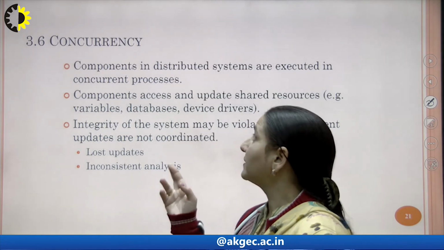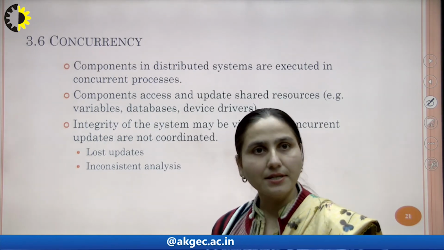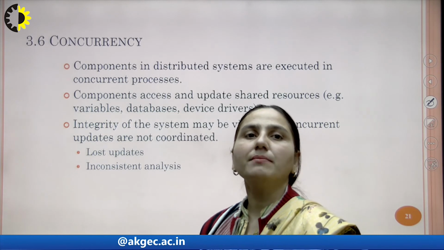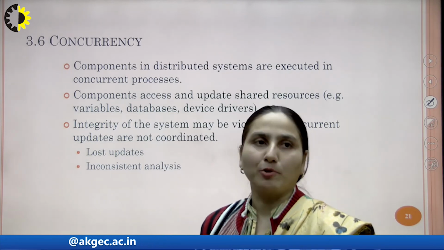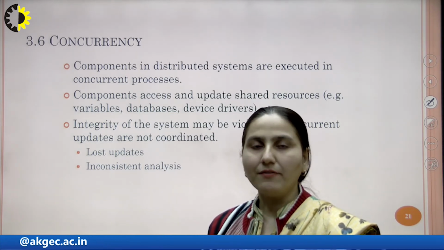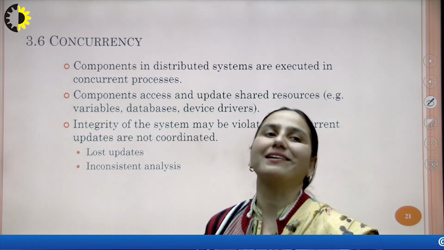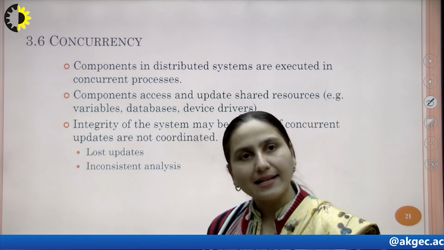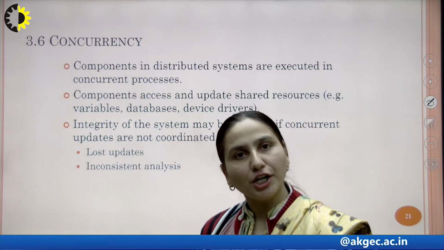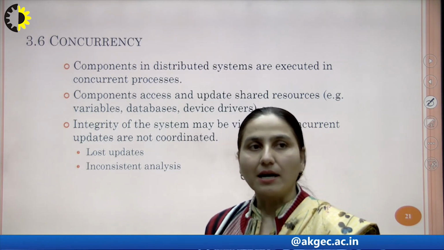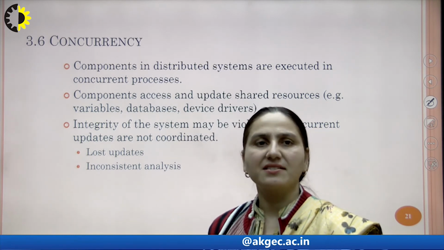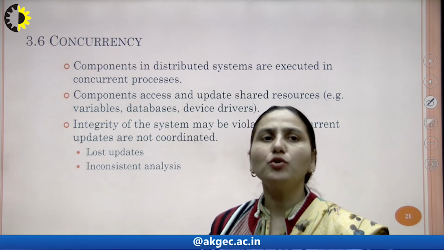Now next comes concurrency. What is concurrency? Components in a distributed system are executed in concurrent processes. Components access and update shared resources, for example the variables, the database, the device drivers, so they need to be updated.